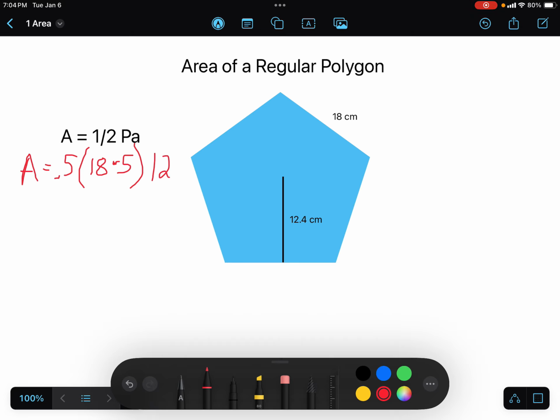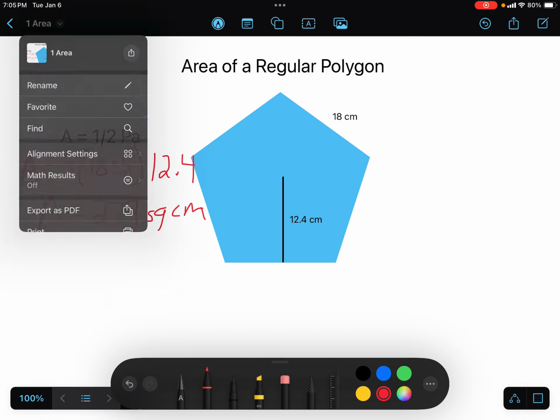And then we're going to multiply that by the length of the apothem, which is labeled as 12.4. We can throw all of that into our calculator, and it would give us about 279 square centimeters. So it's really that simple.